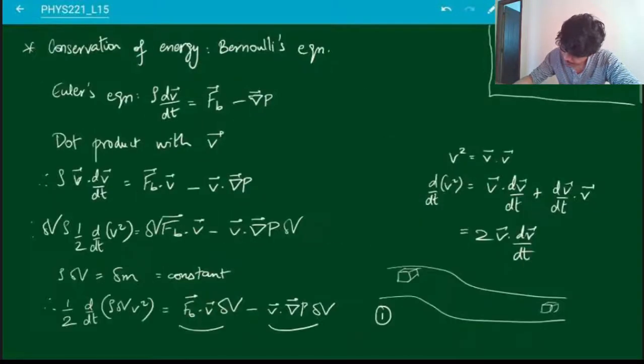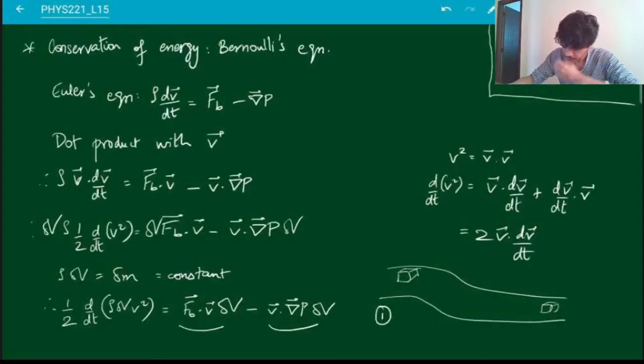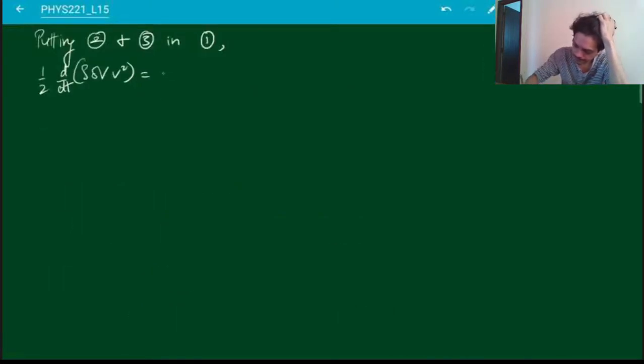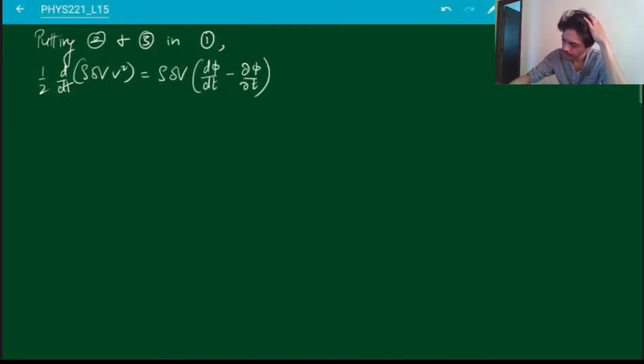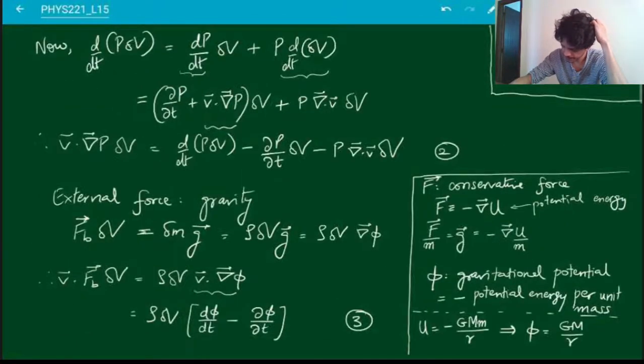I get half d by dt, first term was FB dot V times delta V. Fb dot V times delta V is okay. And minus of this equation 2.